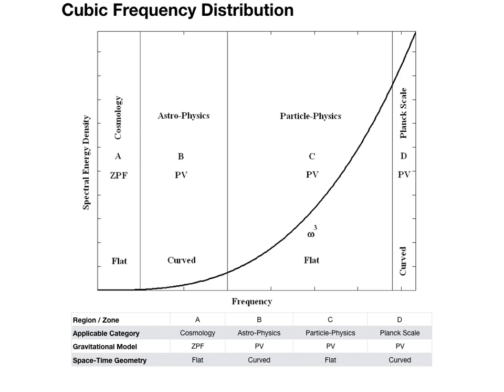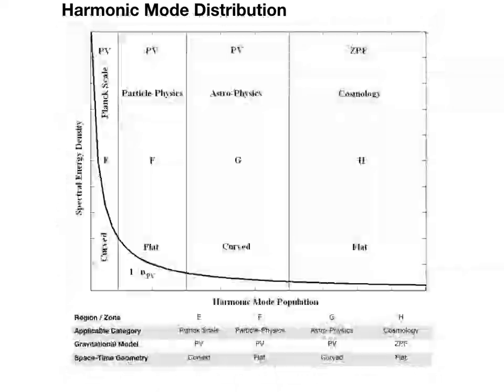Let's now take a quick look at the harmonic mode distribution underpinning the nature of the quantum vacuum. If we now look at the harmonic mode distribution, we see that it increases as spectral energy density decreases. Region E, representing the Planck scale, indicates that with sufficiently large mass, the number of harmonic modes equals unity.